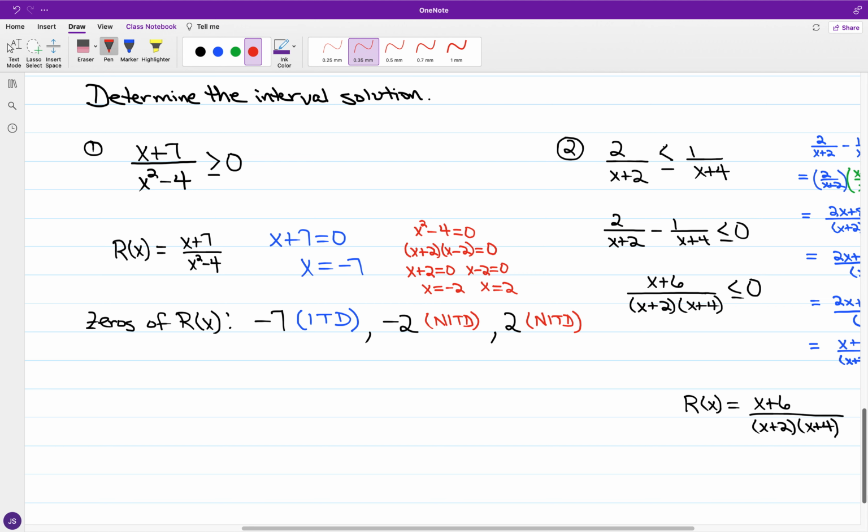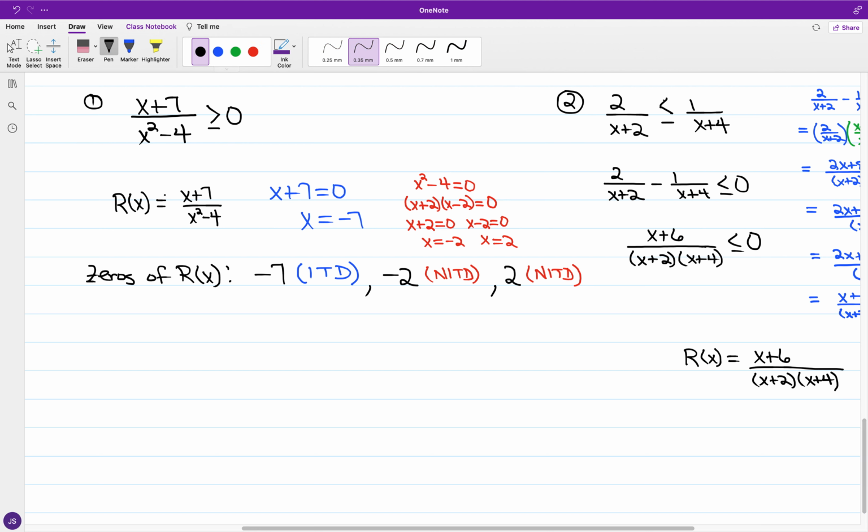And looking at setting up a table of intervals. Okay, so just rank ordering. We got -7 is the smallest of the zeros. So the smallest set, we have those values of x less than -7, and next in line we have those values of x such that -7 is less than x, which is less than -2.